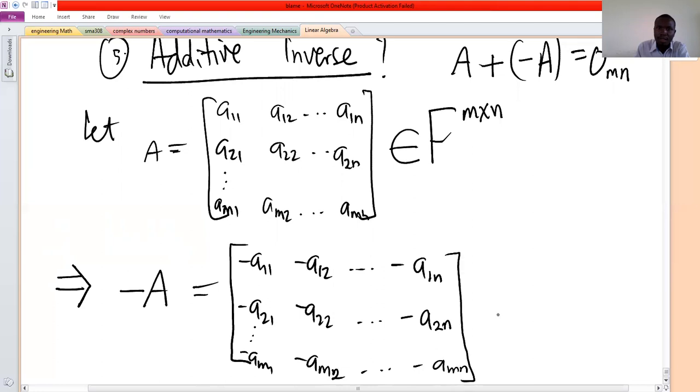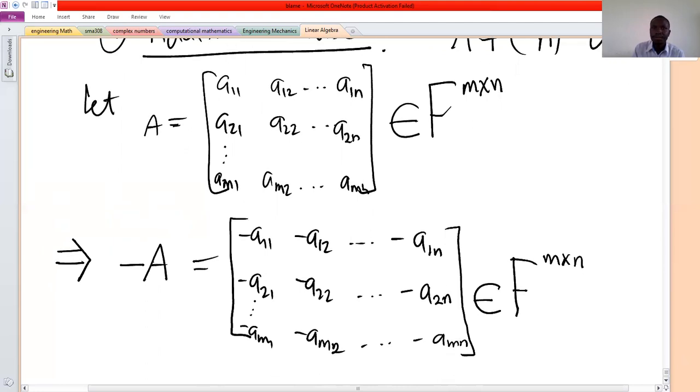And this is still a matrix in this set of all m by n matrices, because negative A is the same as negative 1 times this element, and negative 1 is an element in the field F. So this is what we have.